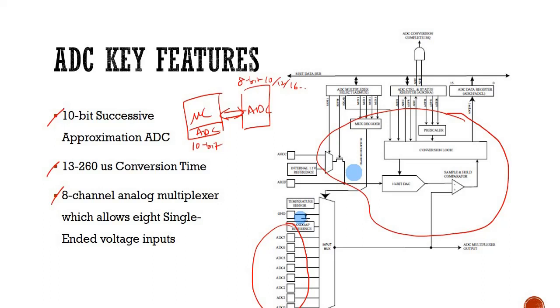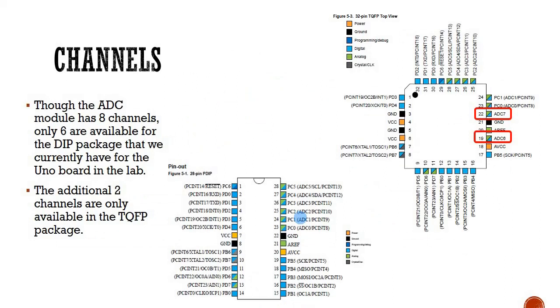Now in terms of channels, we just said that it has 8 channels, but it is also important to note that only 6 are available for the DIP package that we currently have for the Arduino Uno board in our studios. If you look down here, the analog to digital channels are all here, ADC 0 to ADC 5. So there are 6 channels. The additional channels, channel 6 and channel 7, are only available on the TQFP package, not on the other packages.